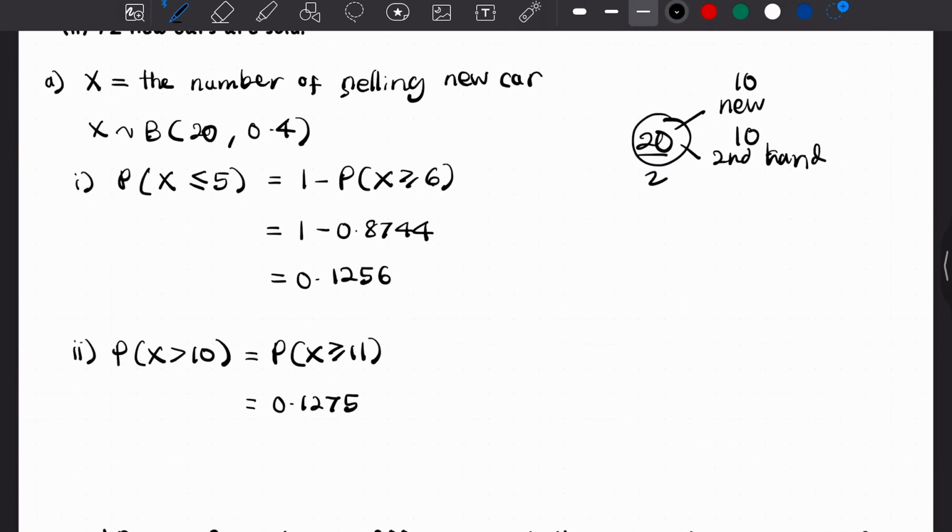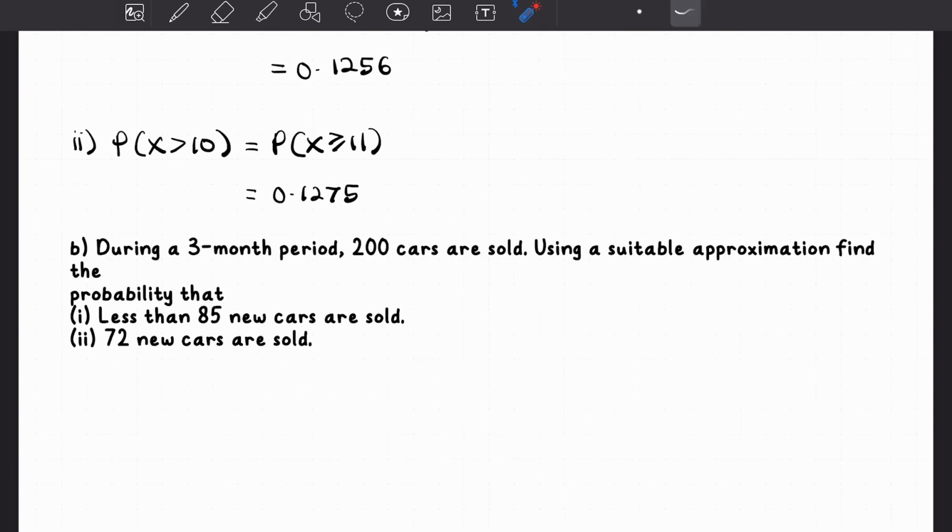Now let's answer question B. During a 3-month period, 200 cars are sold. Using a suitable approximation, find the probability that less than 85 new cars are sold, and that 72 new cars are sold. Now our distribution has changed, where n has become extremely large, which is 200.